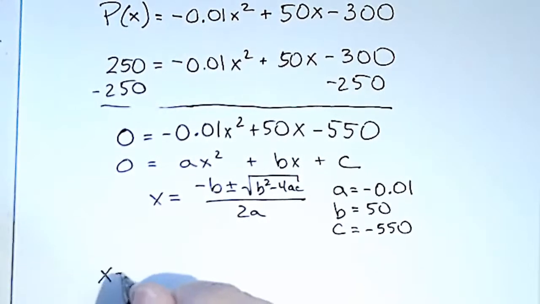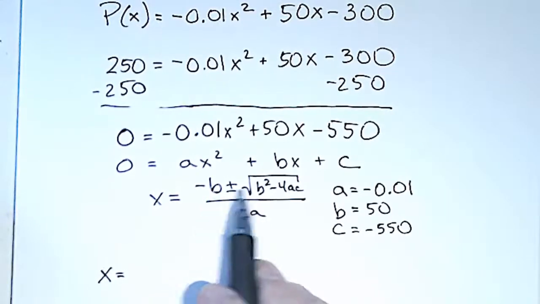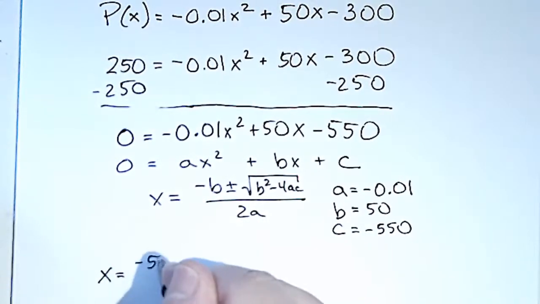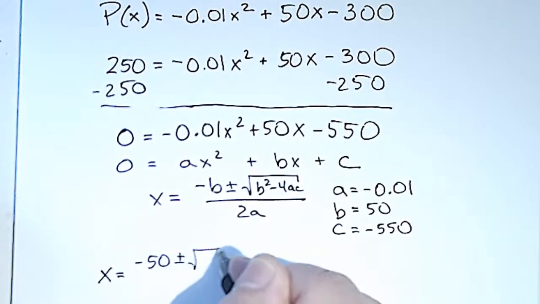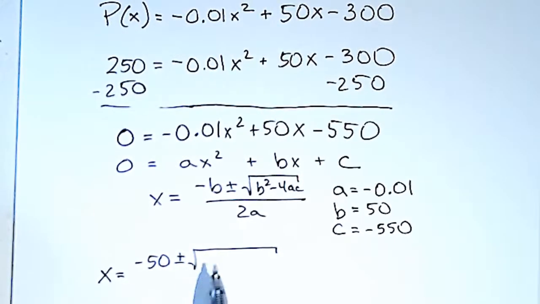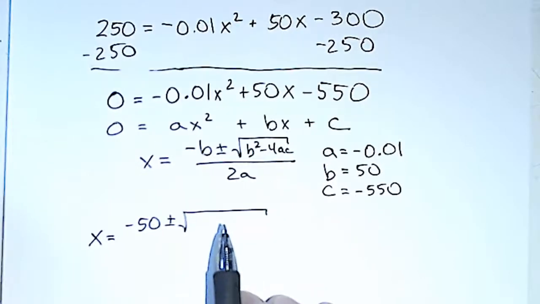So x equals the opposite of b, which is negative 50, plus or minus radical. Give myself lots of room, but I'm sure it's not even enough room. I am famous for just not giving myself enough room.